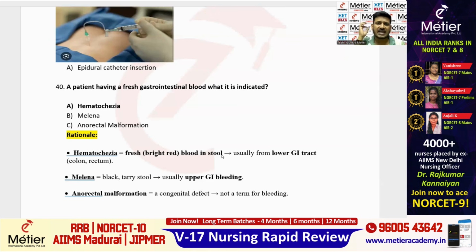If black and tarry stool is present, that is called melena. Melena is commonly seen in upper GI bleeding. So upper GI bleeding gives black and tarry stool called melena, and lower GI bleeding gives fresh bright red stool because of hematochezia. And anorectal malformation is a congenital defect, not at all related to fresh gastrointestinal bleeding.